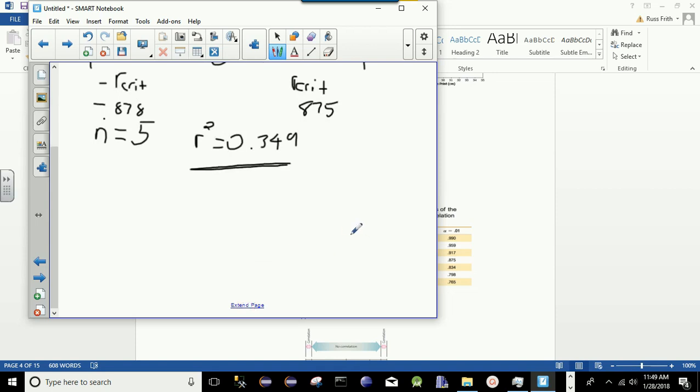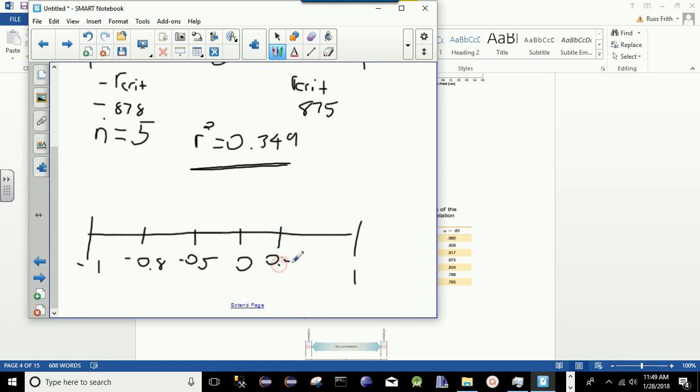Weakly correlated. So what do we mean by weakly correlated? The standard is this. If your test correlation value falls here or here, then you have a strongly correlated value.